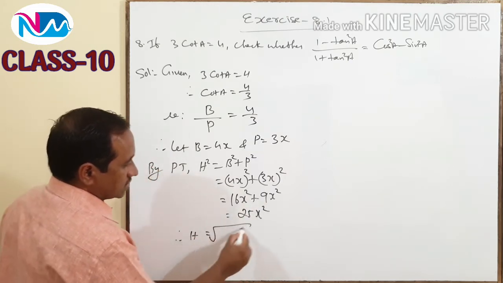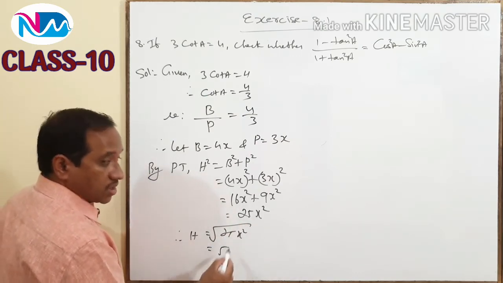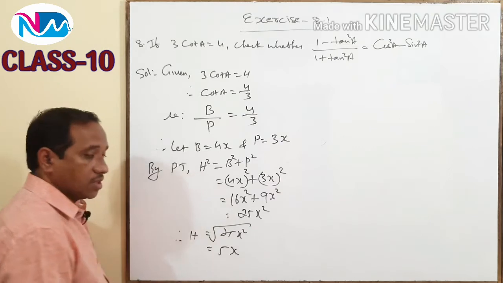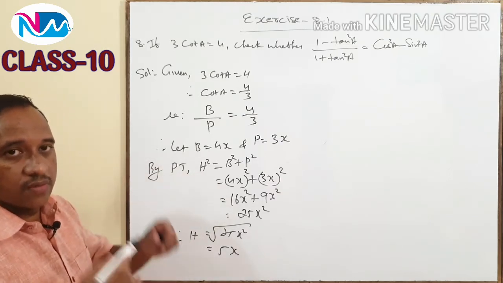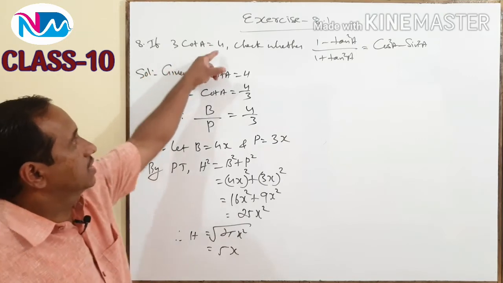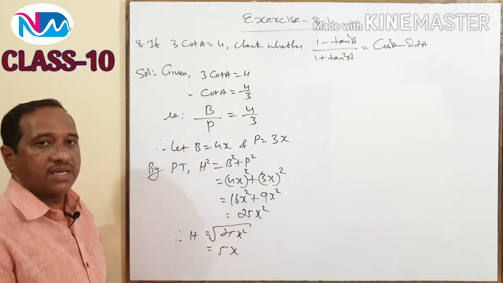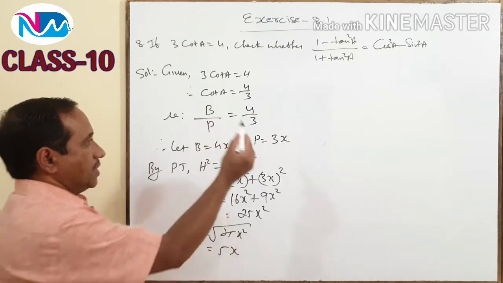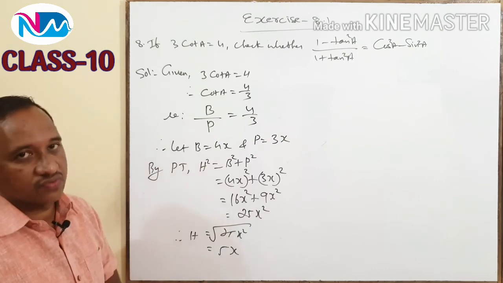Therefore, hypotenuse h is equal to root of 25x square, which is 5x. So h is equal to 5x. So by using 3 cot A is equal to 4, now we have the perpendicular 3x, base 4x and hypotenuse 5x.